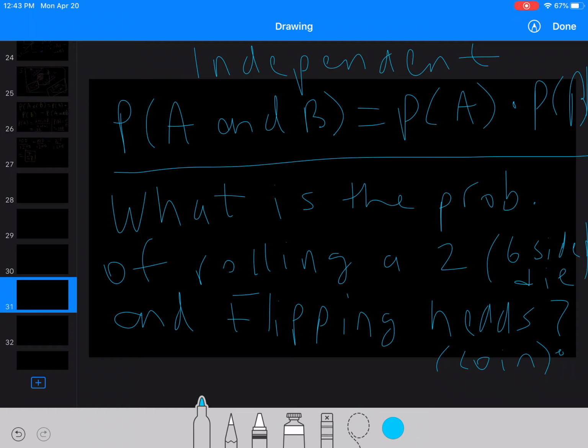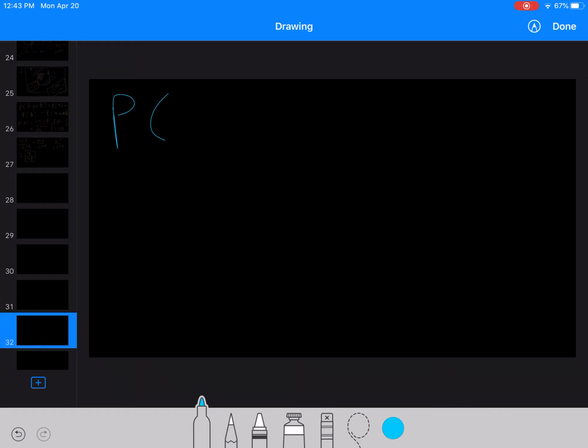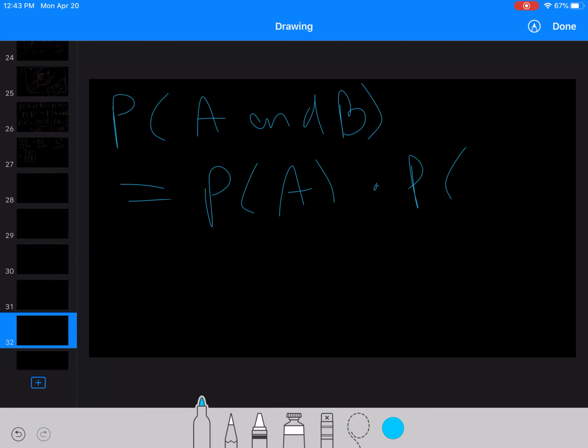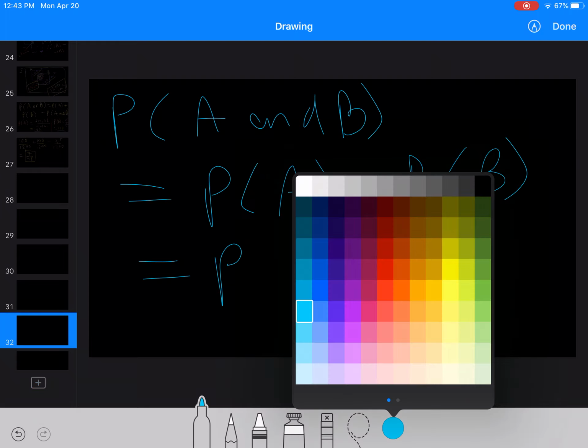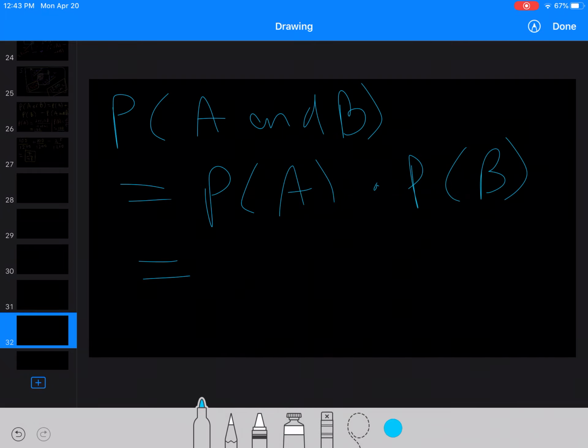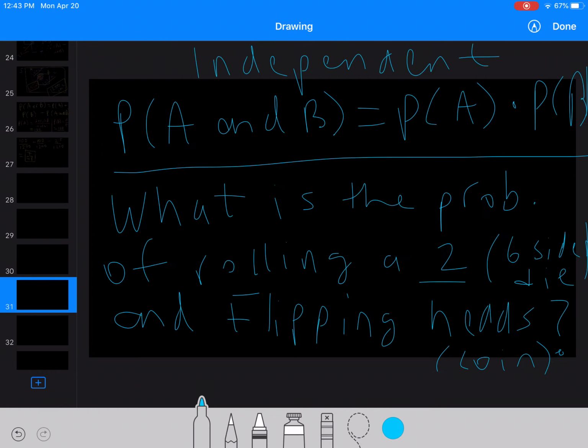First thing we need to ask ourselves, are these independent events? If you roll a 2, would it affect the flipping of a coin or vice versa? No. So these are independent events. So we can use our formula. A and B, that's just the probability of A times the probability of B. The probability of event A is going to be 1 out of 6, because my desired event is rolling a 2 and there's 6 possibilities.